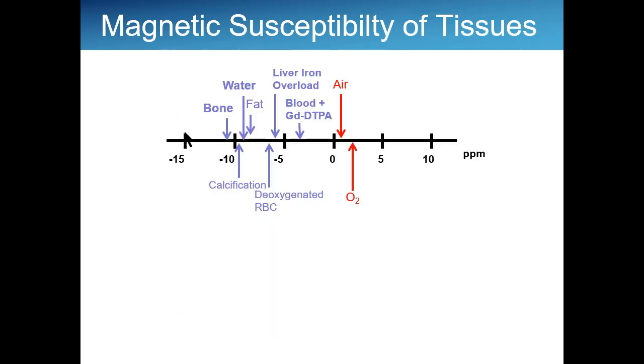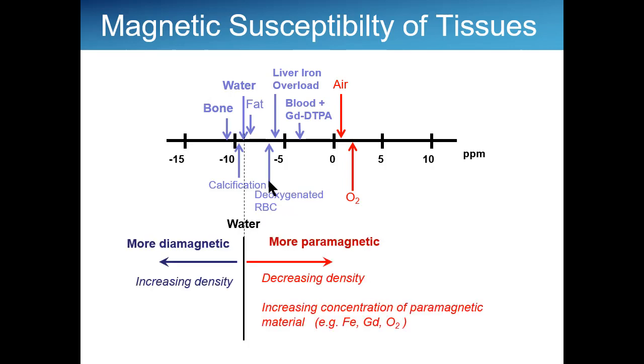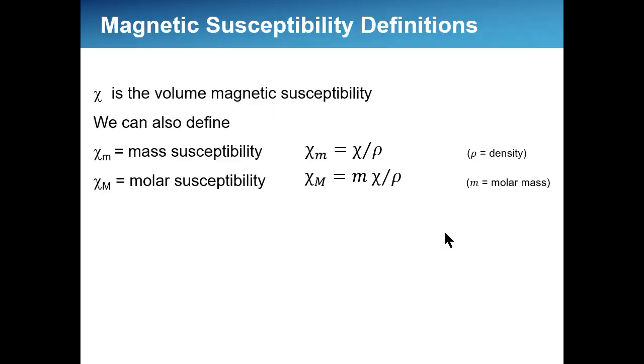When we look around water, it's typically things which are a bit denser, with a bit more material there, which have a more diamagnetic, more negative susceptibility, like hard bone or calcifications. And then things which contain paramagnetic material, usually iron-containing compounds, but also contrast agents or molecular oxygen, the more of those you add to the aqueous system, the more paramagnetic it becomes.